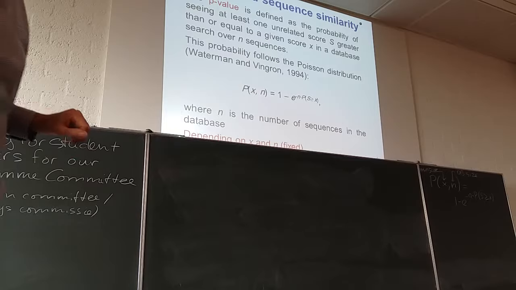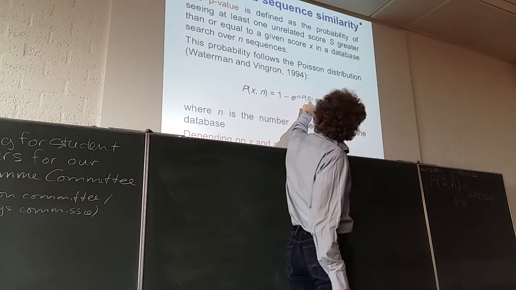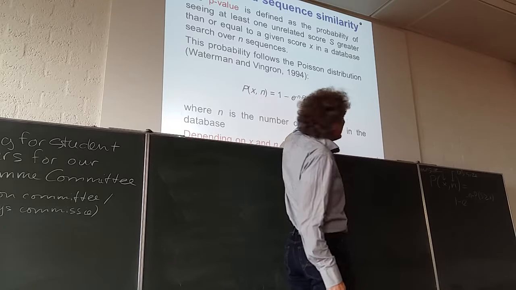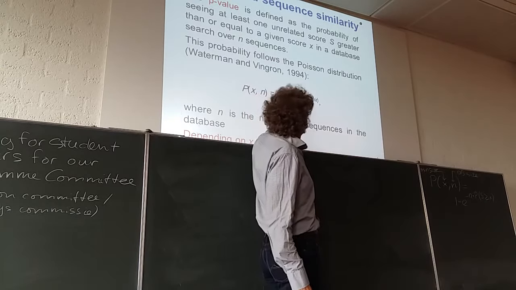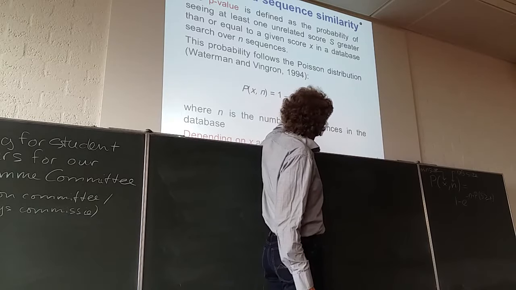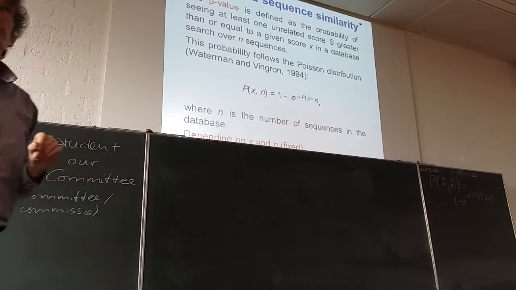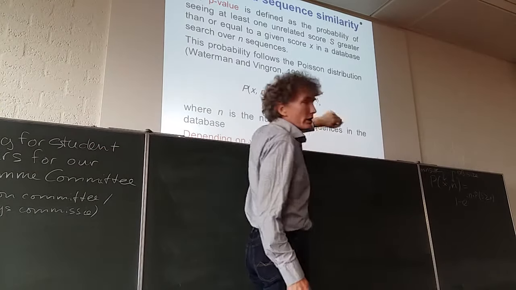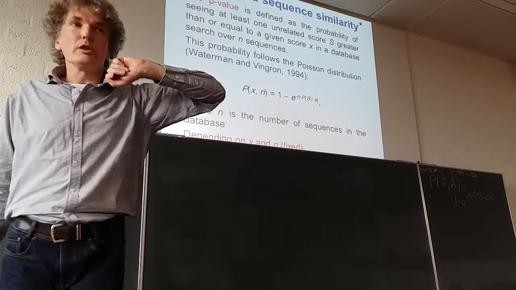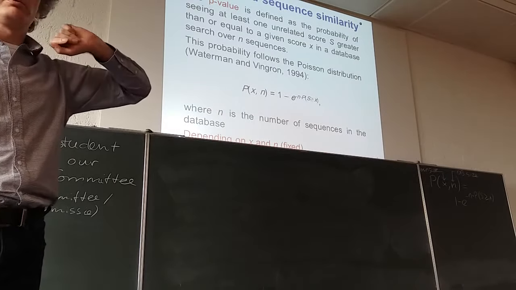Sorry. If you have the probability of getting a score higher than x for a given sequence, then for a database of size n, you have an exponentially increasing chance of finding at least one hit with that score, right? Makes sense?